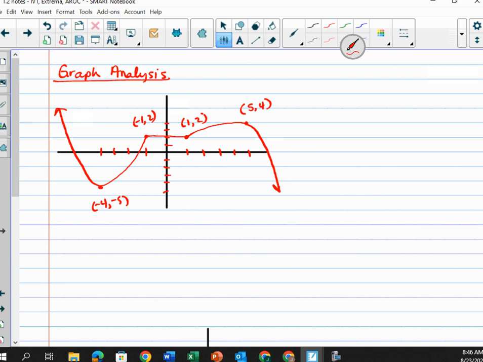All right, then over to the side here, I'm going to write out, we're looking for, where is this constant? Increasing, decreasing. Relative max, relative min.